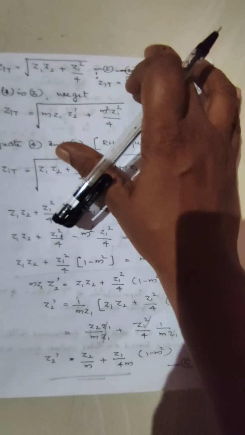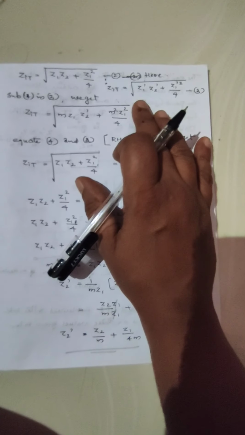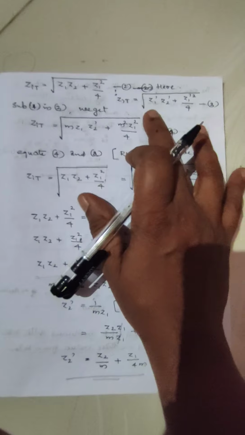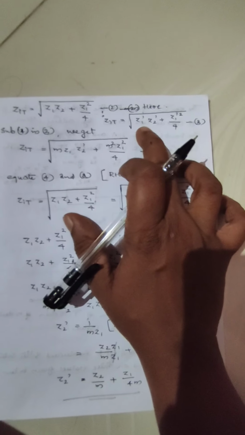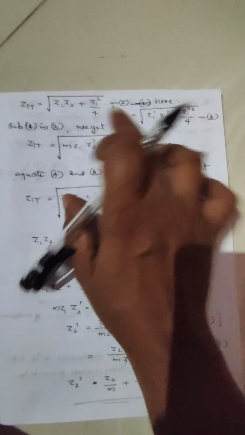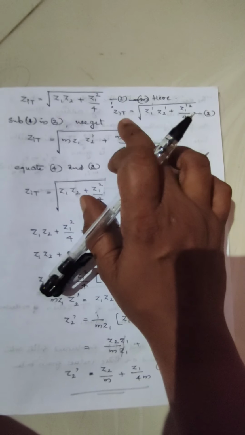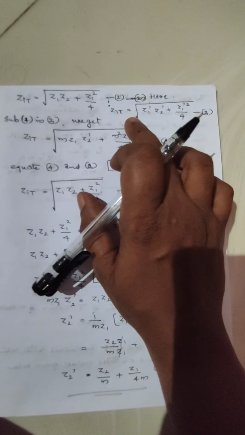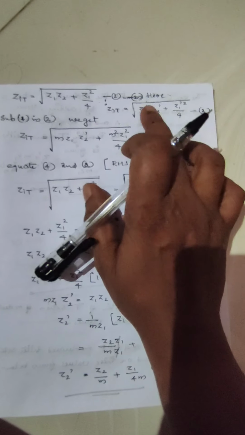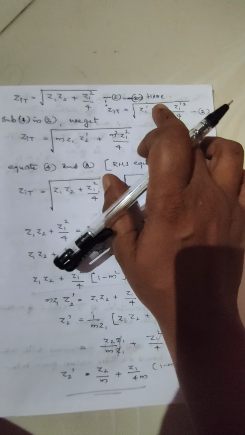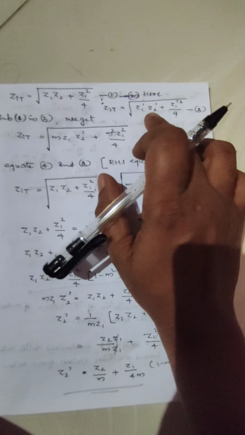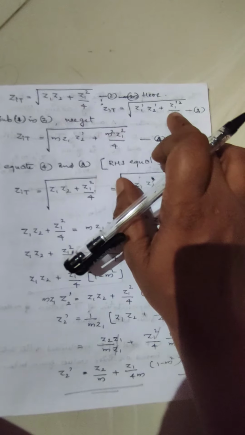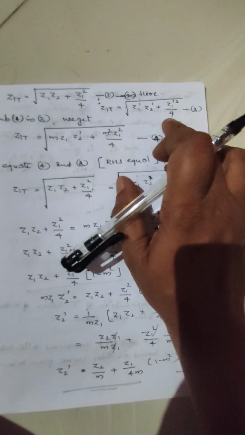Based on the values given for our T section filter, we substitute in this formula. So ZIT is equal to root of z1 dash into z2 dash plus z1 dash square divided by 4.